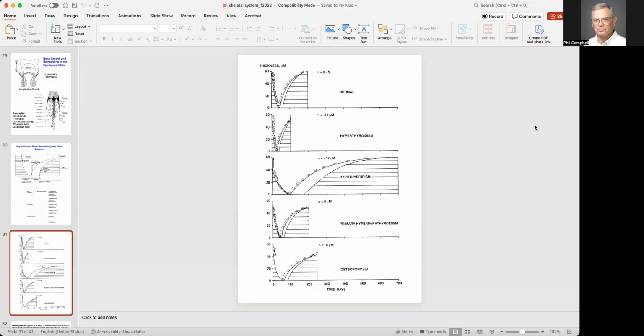So if you suffer from hyperthyroidism, your metabolic activity speeds up. That means all these metabolic processes speed up, including bone remodeling. This will significantly impact the bone remodeling sequence because it shortens it from 200 days to 100 days.